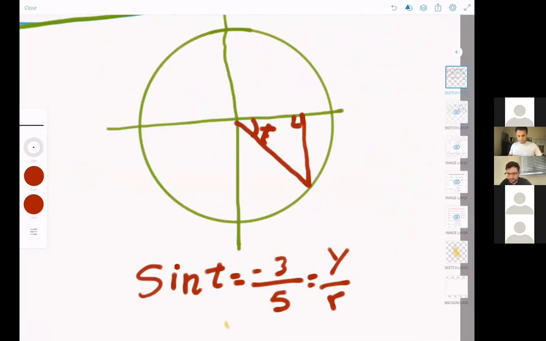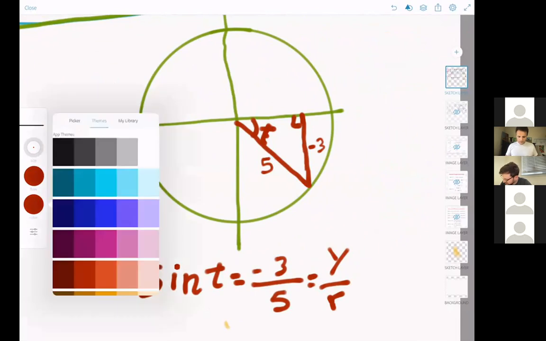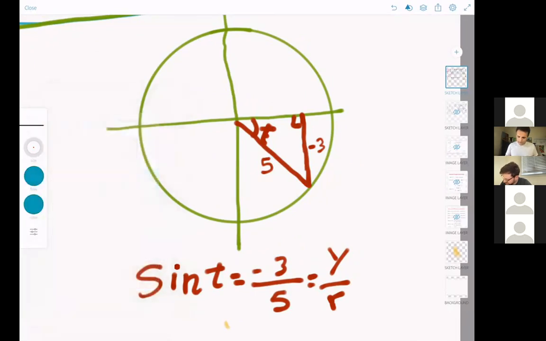This is -3. This guy is 5. R is never going to be negative, but we are in quadrant 4, so this height is negative. We use the Pythagorean theorem to solve for x, which will be 4.